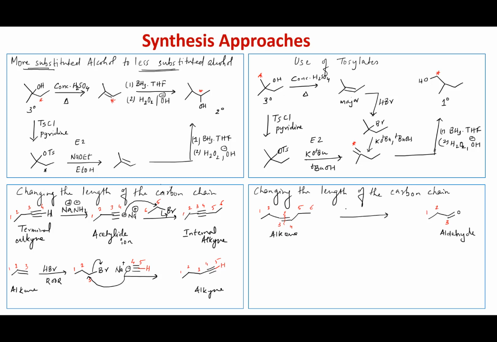So with this alkene, if I do an ozonolysis on it, react it with ozone at low temperature, and follow it with a quenching, then I will get that aldehyde.